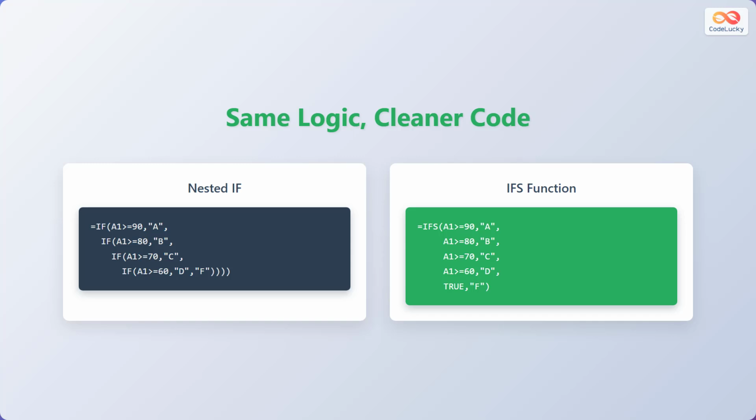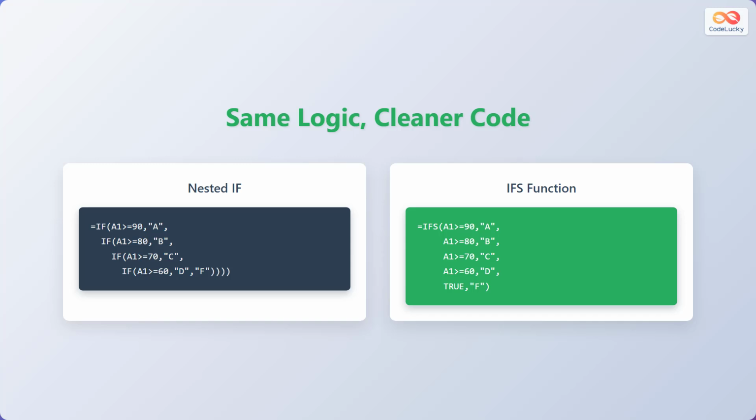Here's a comparison of the nested if and IFS functions for the same logic. The nested if is shown here. =IF(A1>=90, "A", IF(A1>=80, "B", IF(A1>=70, "C", IF(A1>=60, "D", "F")))).